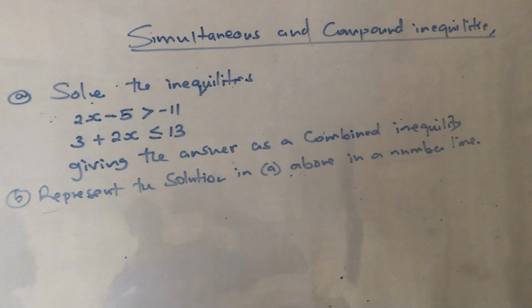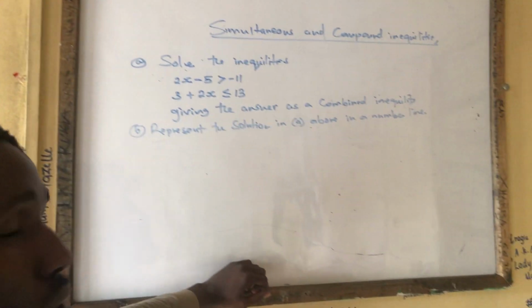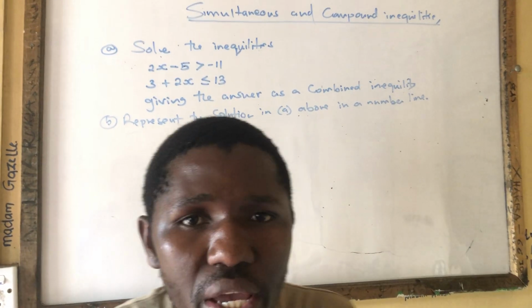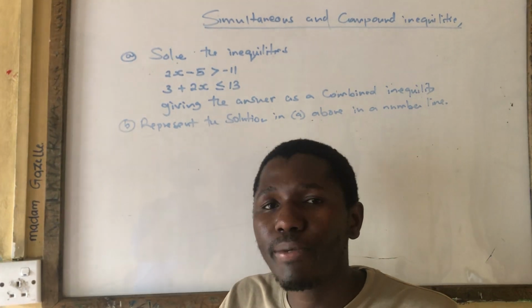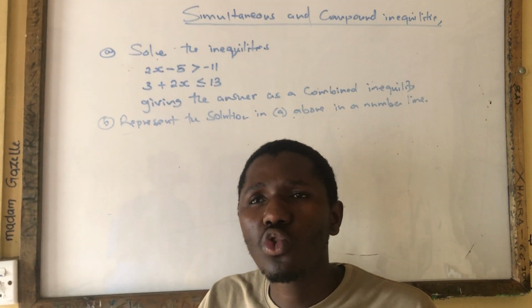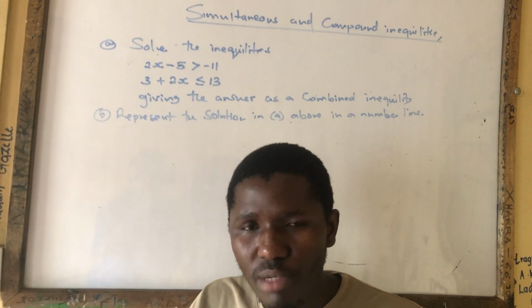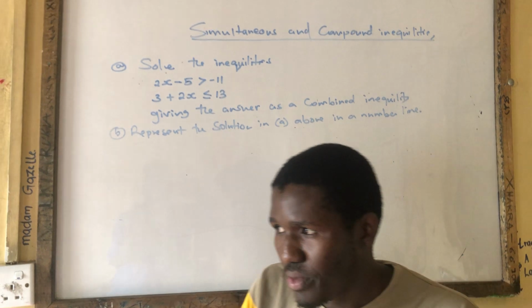One common mistake that students make is to take the word simultaneous to mean two unknowns. That is correct but not accurate. Why am I saying so?